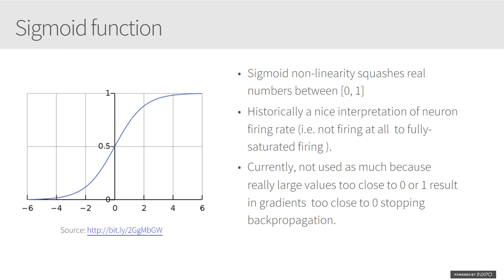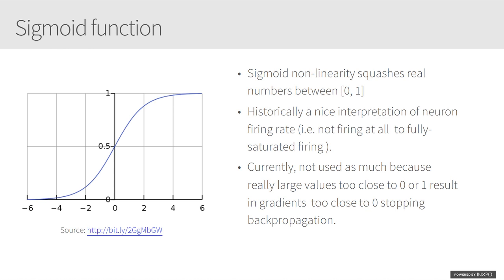Basically it's a nonlinearity that squashes real numbers between 0 and 1. Historically, it's a very nice interpretation of a neuron firing rate. Basically, it either doesn't fire at all or is fully saturated firing. It's currently not really used as much, though we reference it and we call it sigmoid neuron. The fact is that we don't use it that much any longer because any really large values that are too close to 0 or 1 basically result in gradients that are too close to 0.